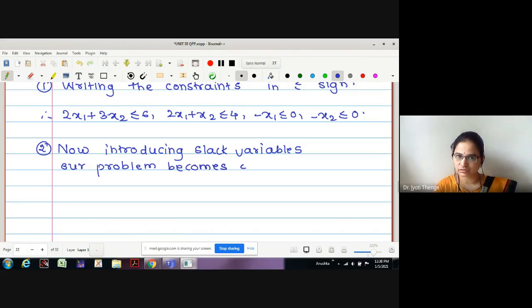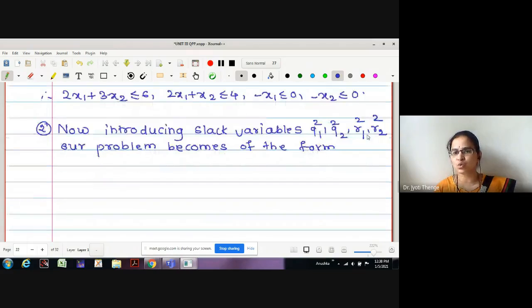Good. Therefore here, can I write this is q1 square for the first constraint, q2 square for the second constraint, r1 square for the first non-negativity restriction, r2 square for the second non-negativity restriction. With 4 squared slack variables we were introducing.